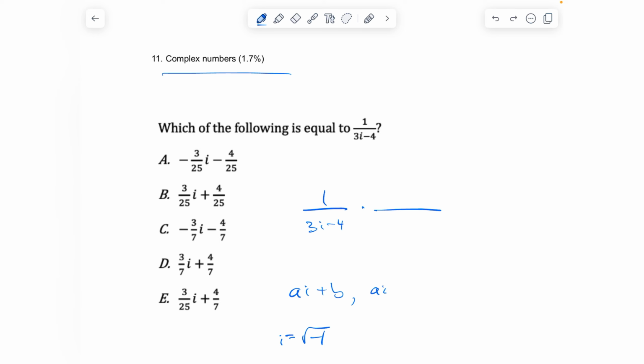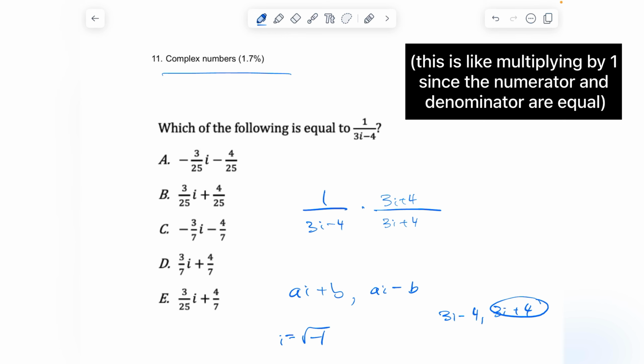It has a complex conjugate pair, the same number but you switch the sign of the term that is not the i term. So in this case, you'd have 3i minus 4 and then 3i plus 4. What you're going to do with this complex conjugate is put it into the numerator and denominator of this fraction, and you're going to multiply across.